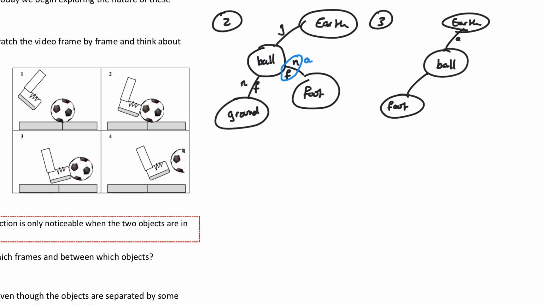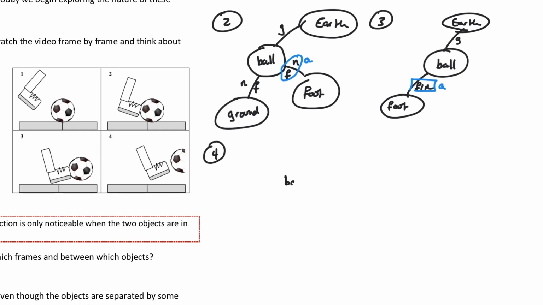With the earth, it's gravitational. And with the foot, it's a combination of friction and normal. And sometimes we say this is applied. The ball is not interacting with anything else in this case, because it's not really touching the ground, so there's no touch, no interaction.